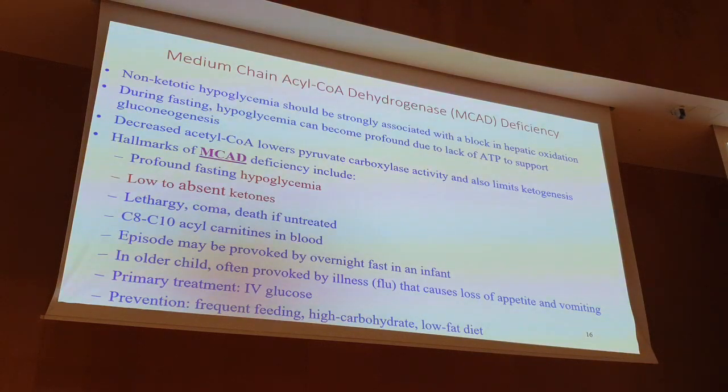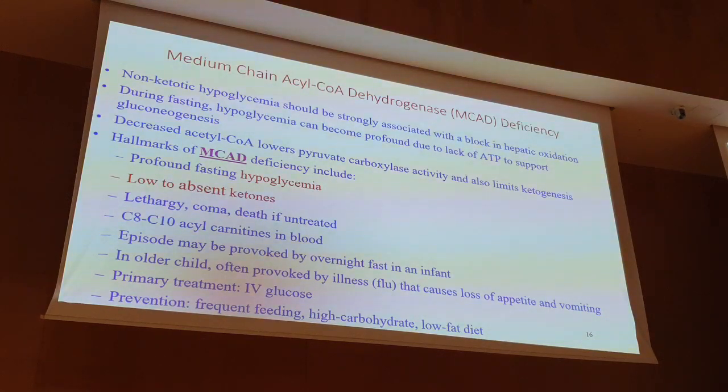It comes and it gets stuck. You understand what I'm getting at? Because they don't have that enzyme to take it from 10 to 8, 8 to 6. So, they suffer from a disease. And there's the disease. It's called medium chain acyl-CoA dehydrogenase deficiency, or MCAD deficiency.